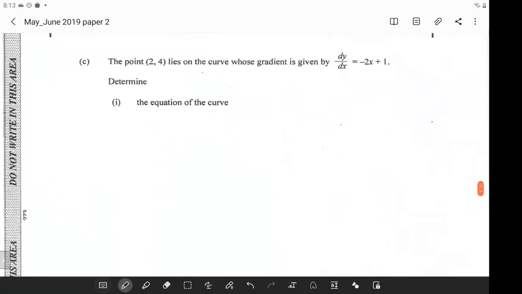Part C, the point (2, 4) lies on the curve whose gradient is given by dy/dx equals negative 2x plus 1. Determine the equation of the curve. So similarly to what we did before, we want to integrate this and use the point to find the constant of integration. So y is equal to the integral of negative 2x plus 1 dx.